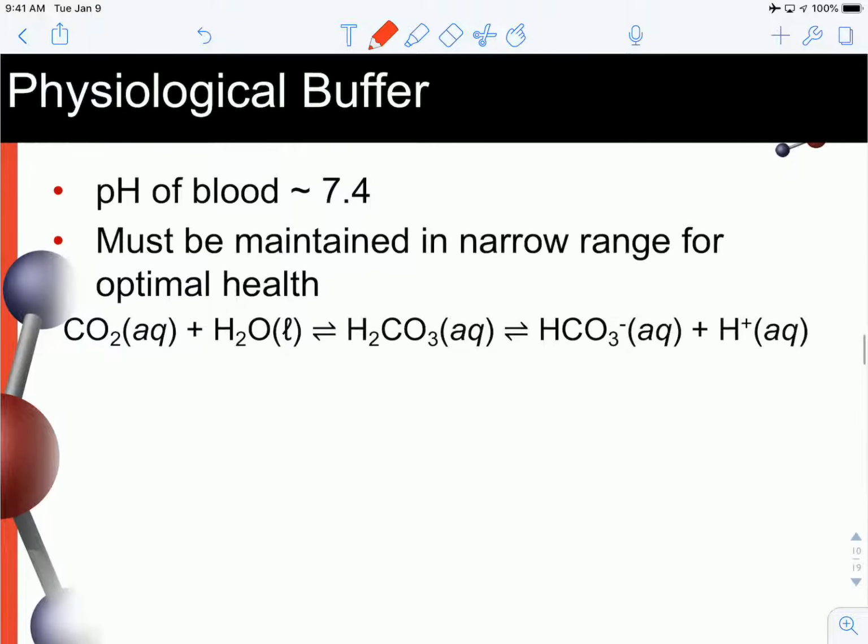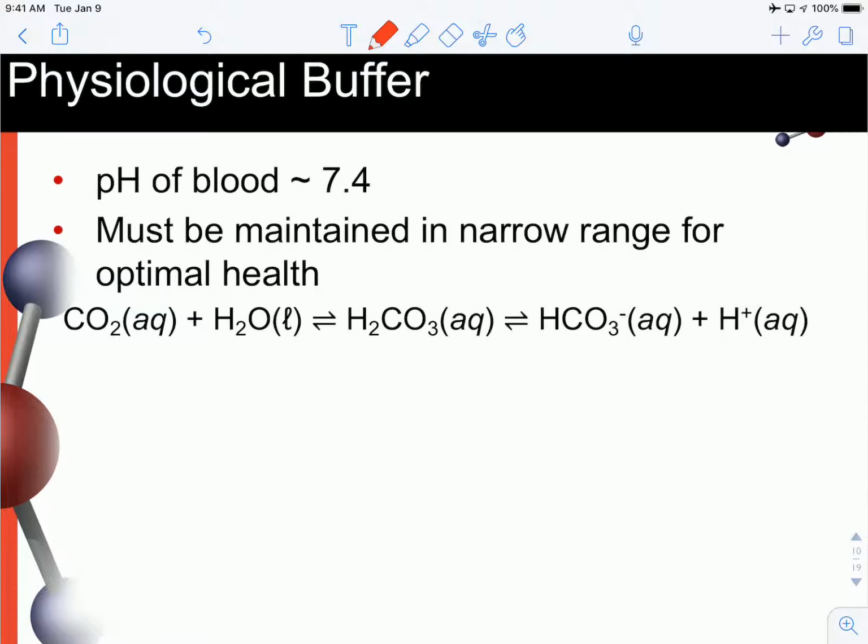So from a physiological standpoint, the pH of blood is buffered around 7.4, and this has to be maintained in a very narrow range, and this is the way the buffer works. Carbon dioxide as an acid reacts with water to form carbonic acid. Carbonic acid can dissociate to form HCO3 minus and H positive.